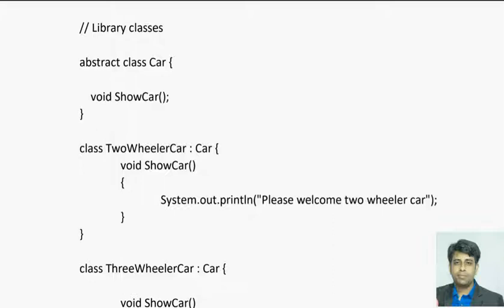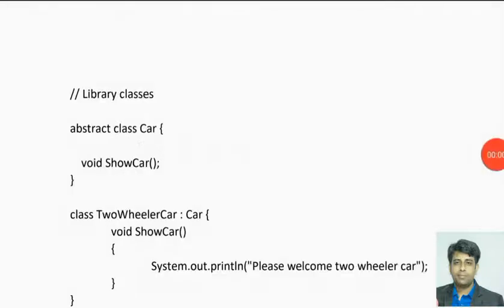That is why I need to change the code so that if I need any change in the library part, my client part is not affected. So let us see what we can do to implement loose coupling.